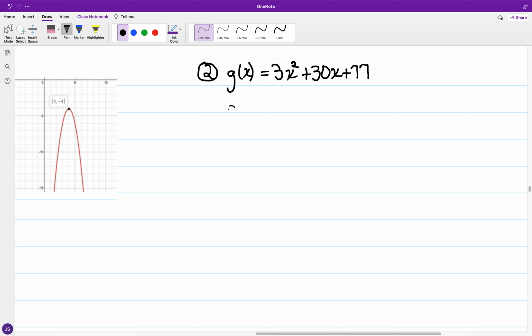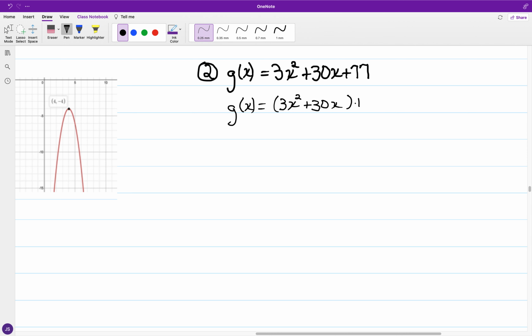You can factor out 3 beforehand, but I'll just use the gradual separation. So we got 3x squared plus 30x, in the variable terms.